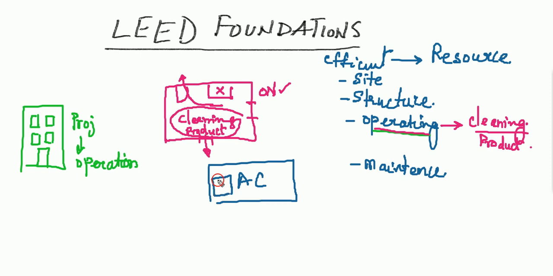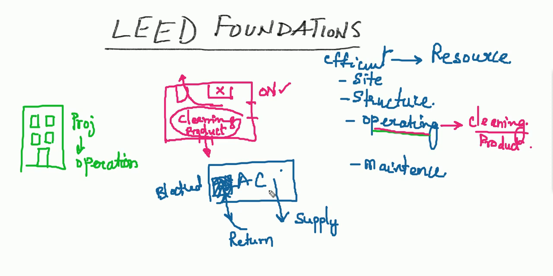Your dirty air enters this filter, it circulates, and you get a supply. Let's say this is the supply and this is the return. So if this mesh is dirty or blocked, your air conditioner has to run more, isn't it, because of a blocked mesh. So this is called maintenance.